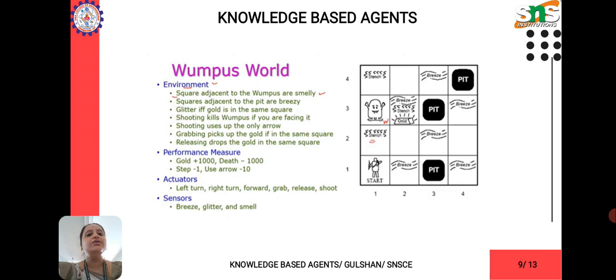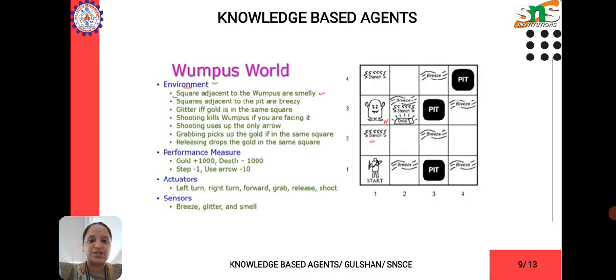Now the performance metrics: when you reach the goal state and have the gold, you will get plus 1000 points, and when you don't reach it, you will be penalized with minus 1000. For every step you take, you will be penalized with minus 1, and when you use the arrow you will be penalized with minus 10. So what actions can be done?